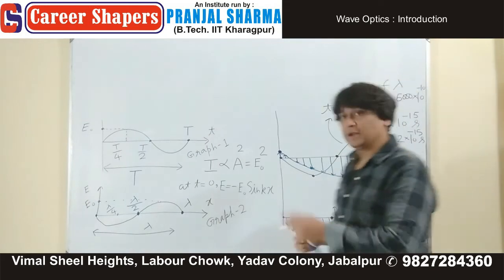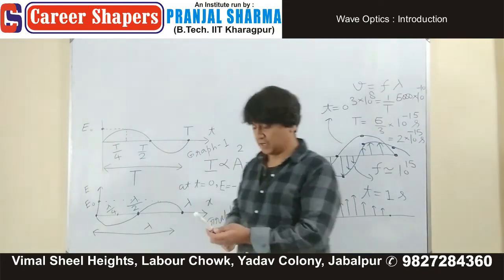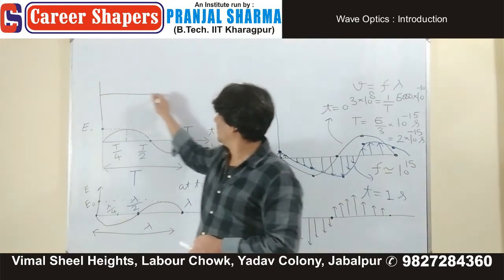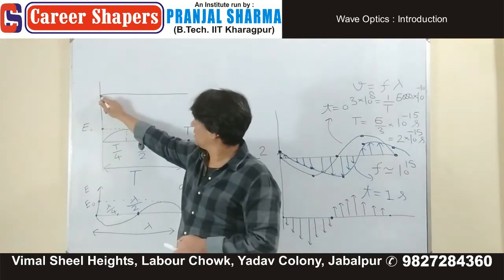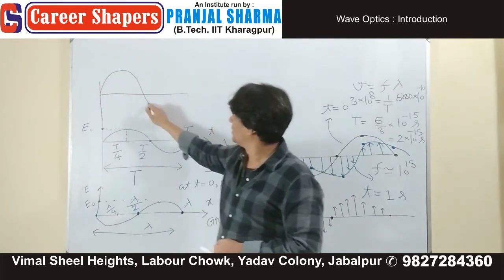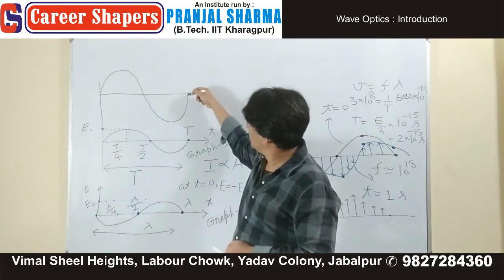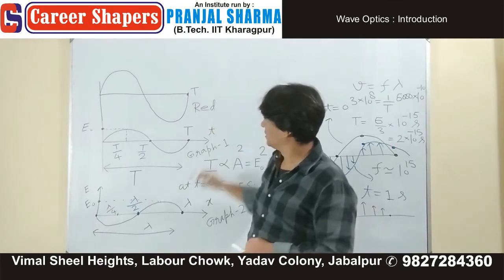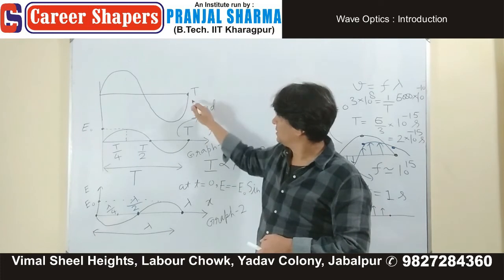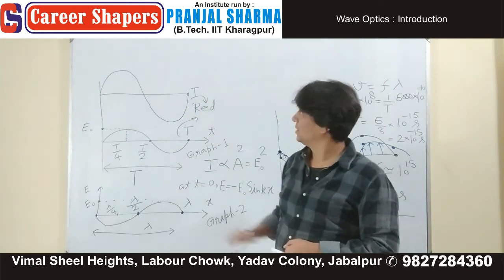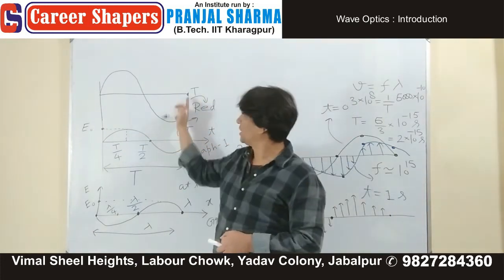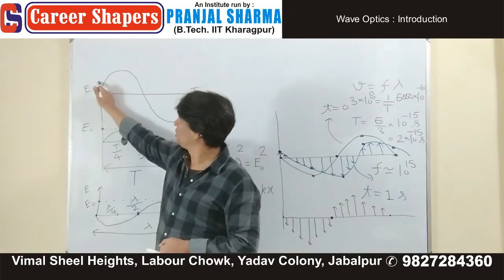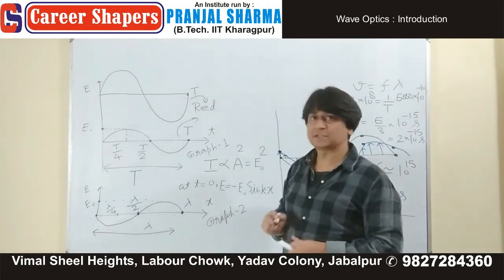If your brain says this is red color, then for your brain this is also red, this is also red, because you can see that the frequency is the same. Variation of E with T is the same.